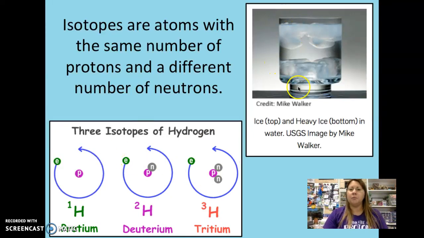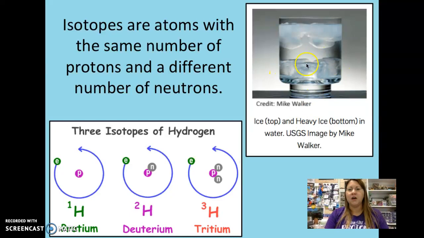And now if we look at our picture that we were looking at, now that you know about isotopes, why do you think you have some ice floating at the top and some ice floating at the bottom? Well, that's a great question, Ms. Owens. Thanks for asking. So the ice at the top is our normal ice, using the standard isotope of hydrogen, protium, that we're most familiar with, straight from the periodic table. And this is what the caption here is referring to as heavy ice.